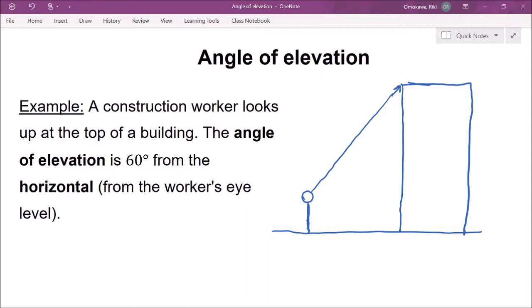So what's the angle of elevation though? Where does that 60 degrees go? First off, it's important that you know what the horizontal is. The horizontal means where the worker would be looking if he was looking straight forward. So if he was standing naturally looking forward, then his view would be going this way, right? So this dotted line is what we would call the horizontal in this situation.